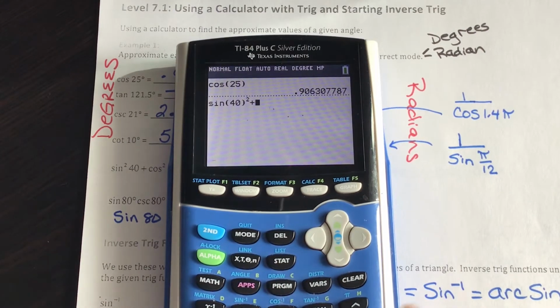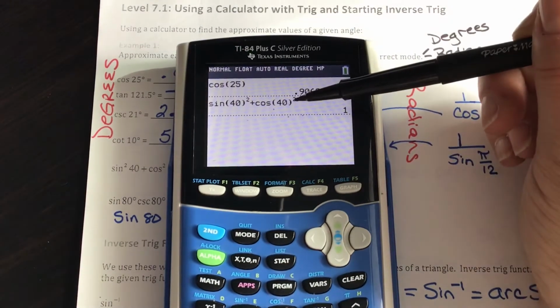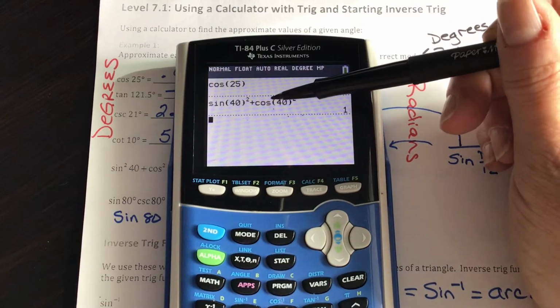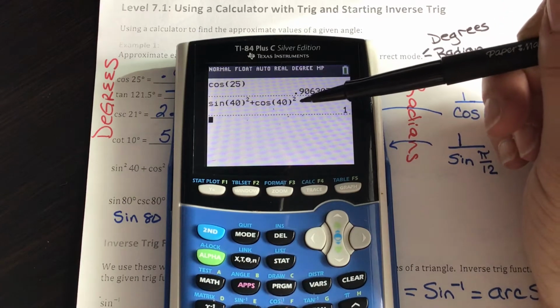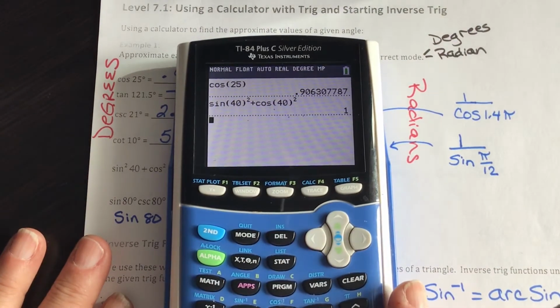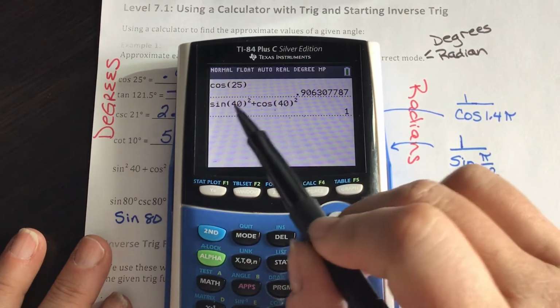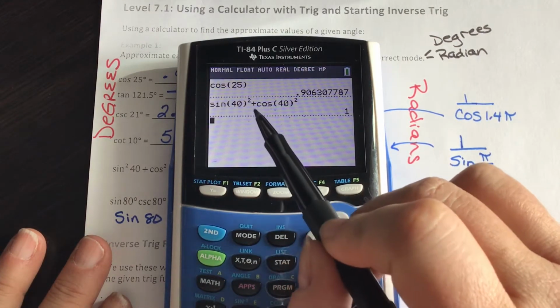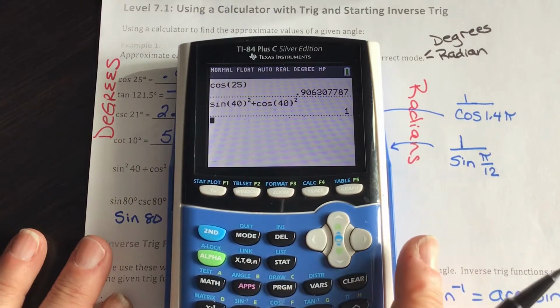Then I'm going to add cosine of 40 and square that, and I get a 1. Even though I can't get my exponent next to the cosine like it has in the problem, this means the same thing. And this is actually one of our identities. If you have any angle, the sine of that angle squared plus the cosine of that same angle squared, you're always going to get 1.